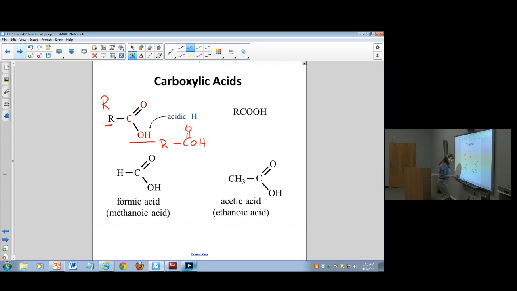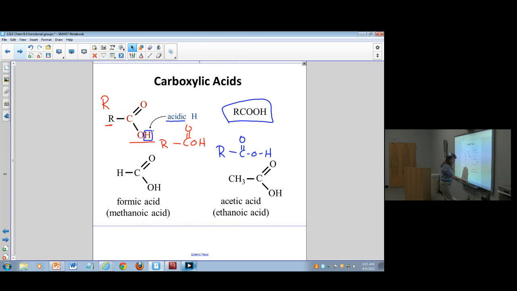It turns out, and this is why they're called acids, that this hydrogen can be easily ionized, and that makes it an acidic hydrogen. So that's why we call them carboxylic acids. You'll also see them written in the condensed form, where you should know right away that there is this kind of a structure on it. All right, so you should be familiar with both of those.